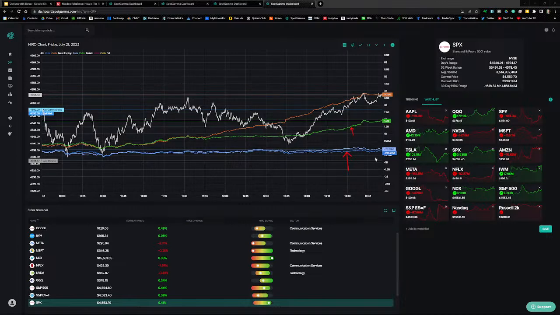The green line is showing 0 DTE calls, so that's a little bit more than half of this total number here. So interesting, very steady uptrend up until about 1:45 of call accumulation, again, about half 0 DTE.